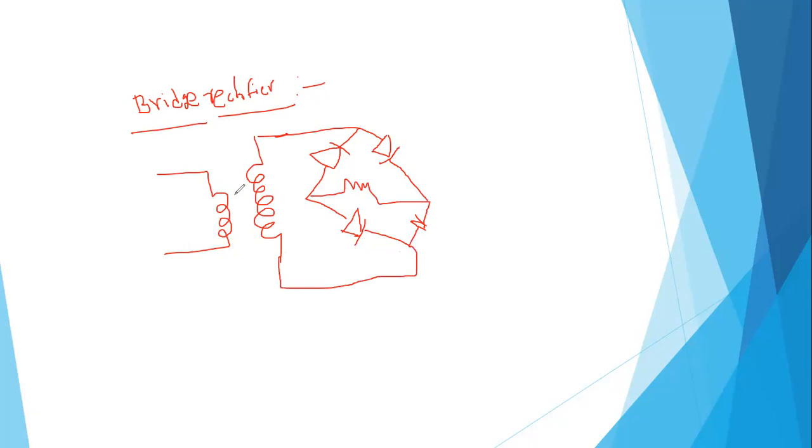So this is the bridge rectifier. This is the transformer. This is the single phase AC supply. So there is a fuse and a neutral.